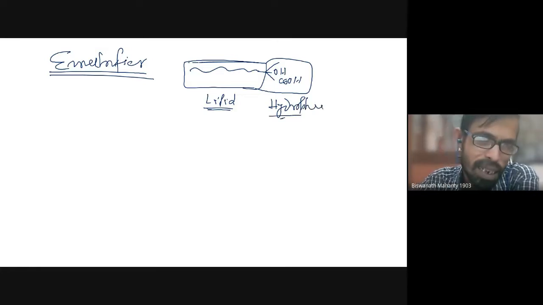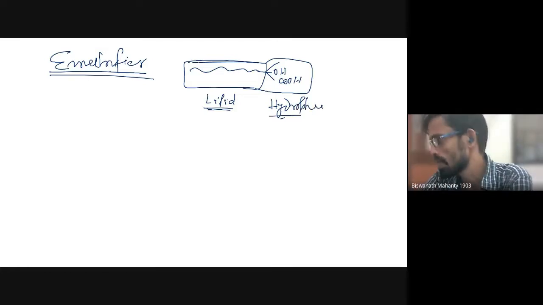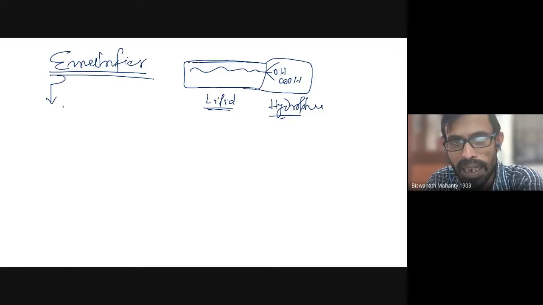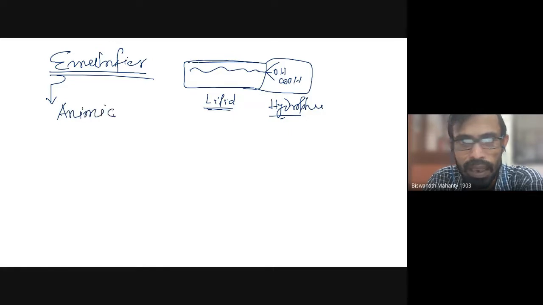And essentially there are three different classes of emulsifier that can be considered for pharmaceutical preparation. One of them is known as anionic. The other one, of course, if you know anionic, then another one is cationic.